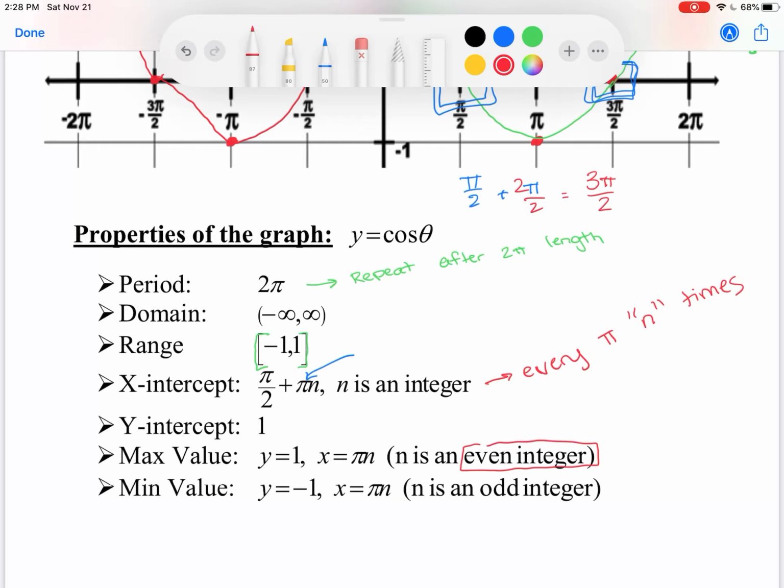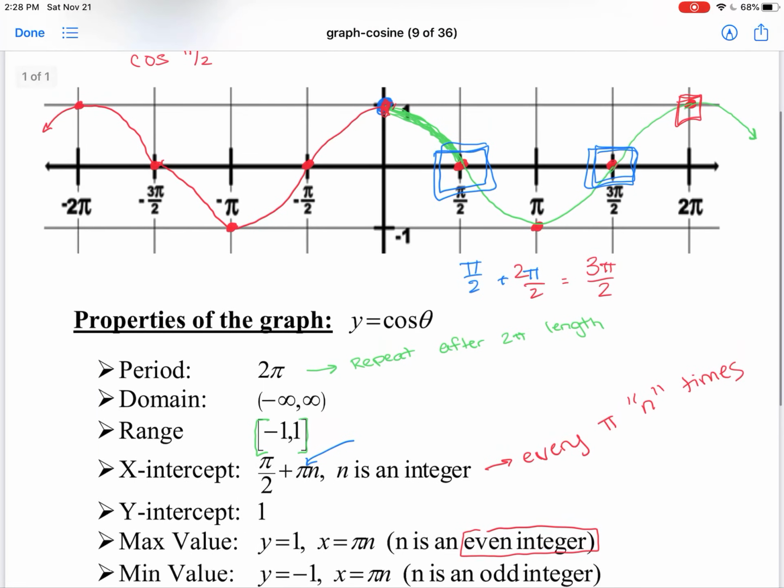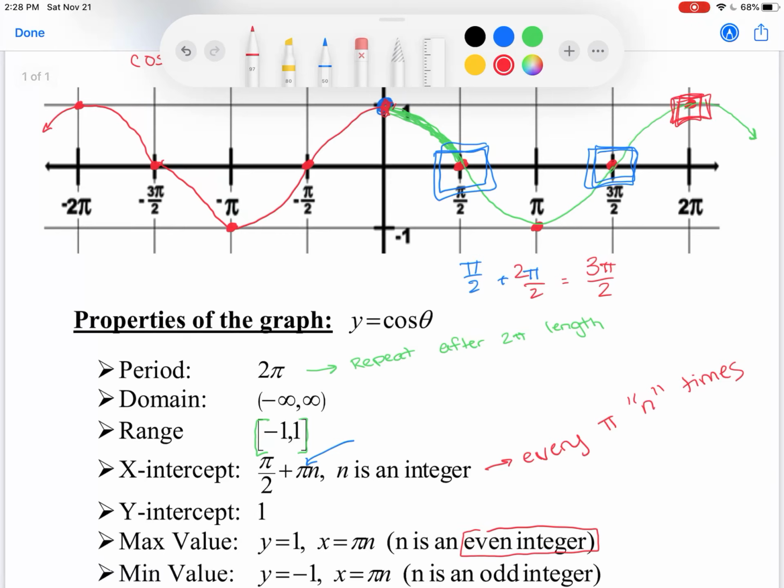All right. Now, one way I would write this, as opposed to what's written on this paper here, is it says it's going to occur when x equals pi times n. And they were very specific on this n. They told you that n has to be an even integer. And if you think of your even numbers, it goes 2, 4, 6, 8.